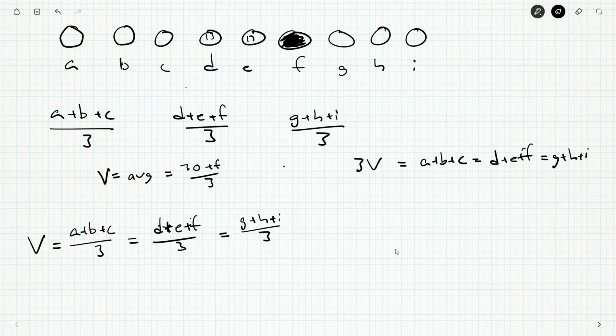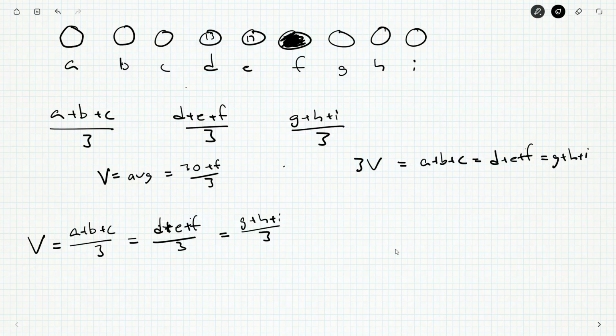Now, I don't know which numbers have been chosen for A, B, and C. I don't know which number has been chosen for F, or G, or H, or I. But I do know what all of these numbers are. They must be the 13, and the 22, and the 5, and so on. So, just because I don't know the order doesn't mean I don't know something.